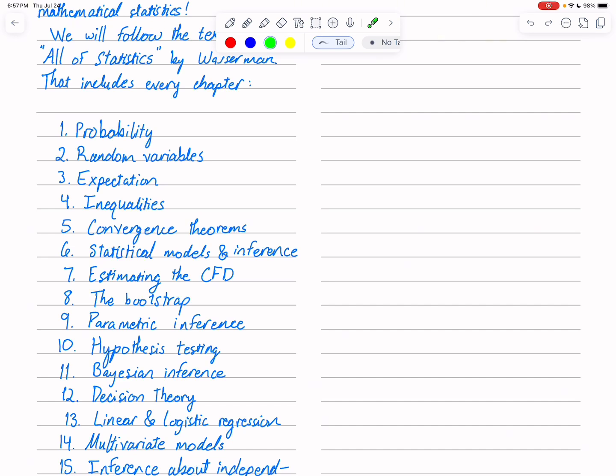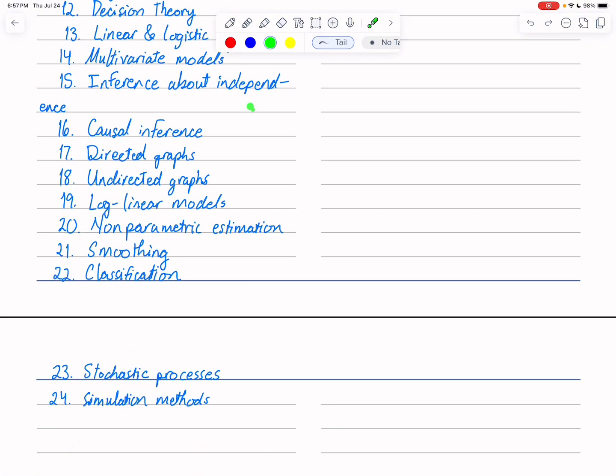So, topics that we will cover eventually include probability, random variables, expectation, inequalities, convergence theorems, statistical models and inference, estimating the CDF, the bootstrap method, parametric inference, hypothesis testing, Bayesian inference, decision theory, linear and logistic regression, multivariate models, inferences about independence, causal inference, directed and undirected graphs, log linear models, non-parametric estimation, smoothing, classifications, stochastic processes, and simulation methods.